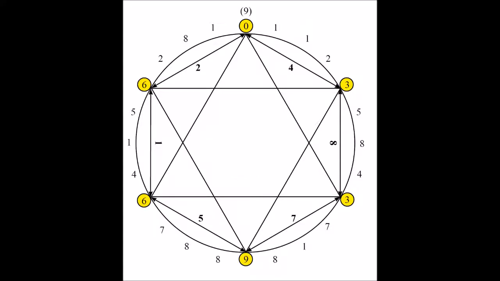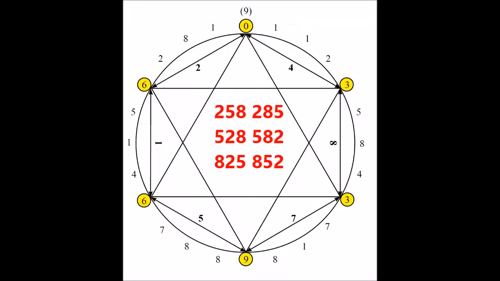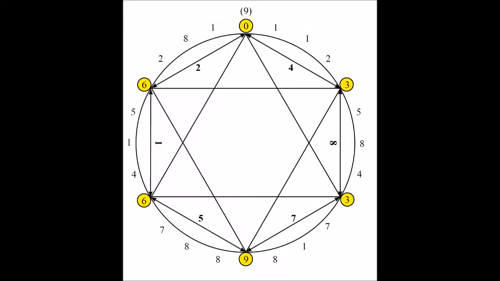For the digits 2, 5 and 8, we have 258, 285, 528, 582, 825 and finally 852. We apply the same method to the number 369, which are represented by the triangle.